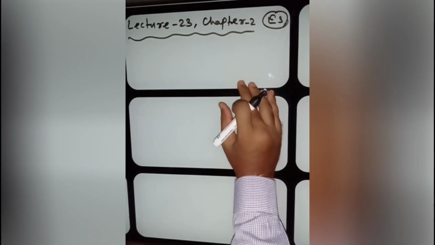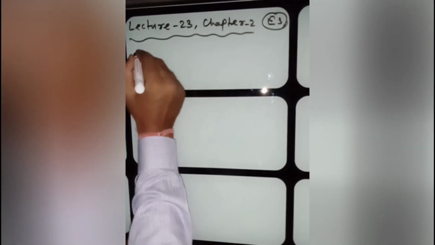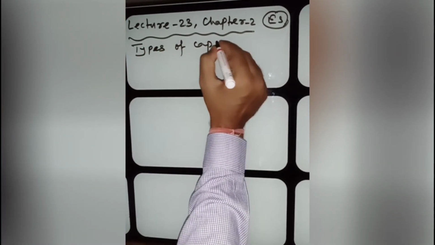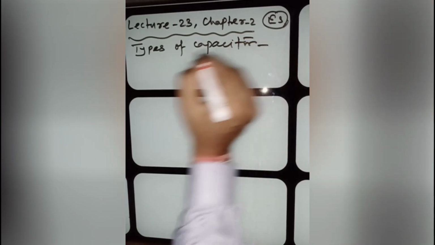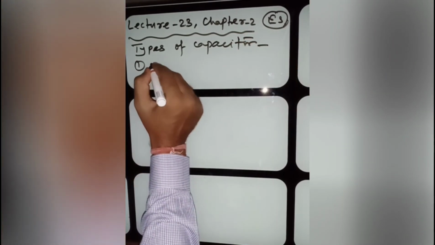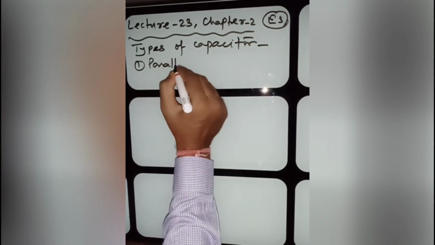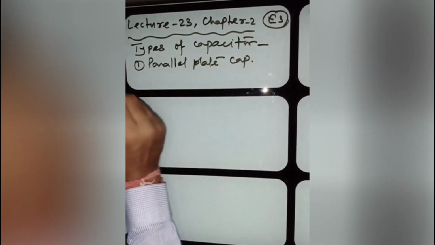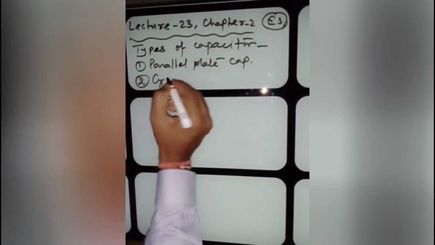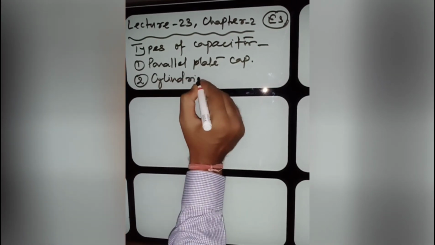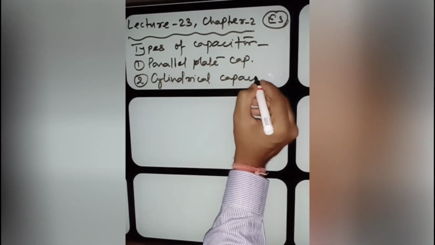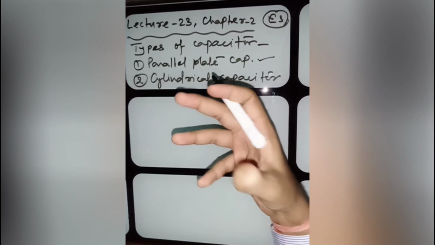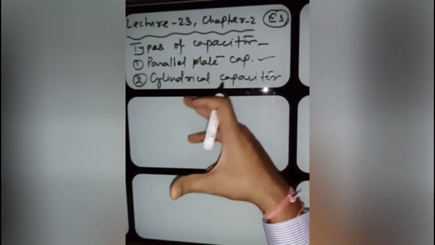I am B.S. Pandey. My dear students, when we talk about the types of capacitor, we have three capacitors. One, parallel plate capacitor, second, cylindrical capacitor. This parallel plate capacitor, my dear students, you will hardly find in electronic circuits.